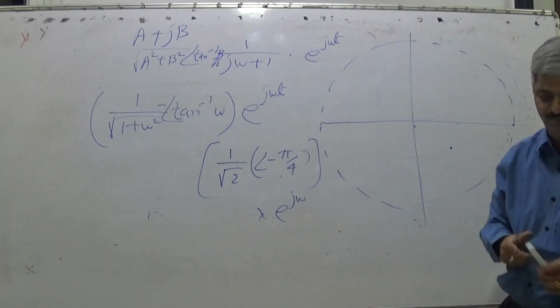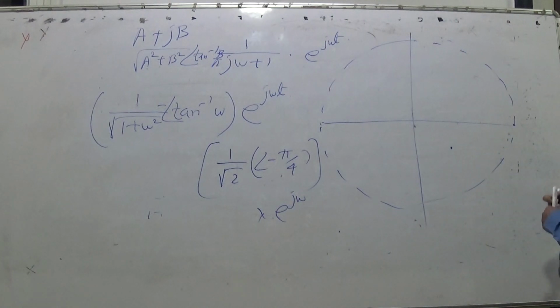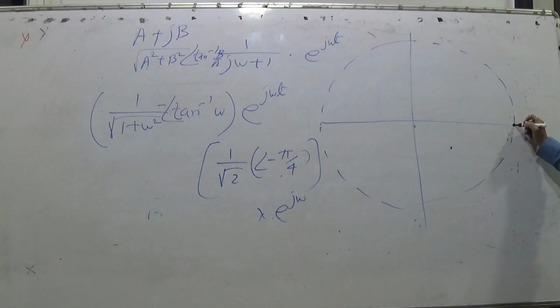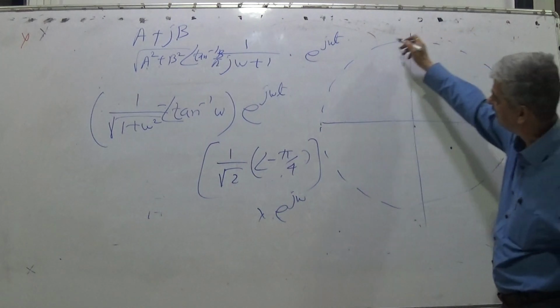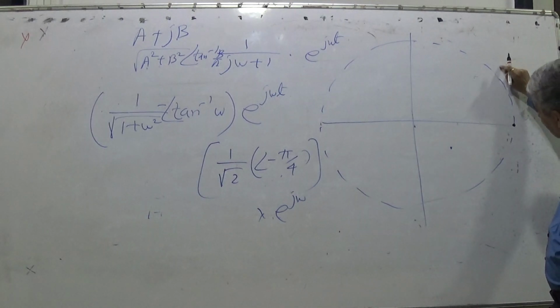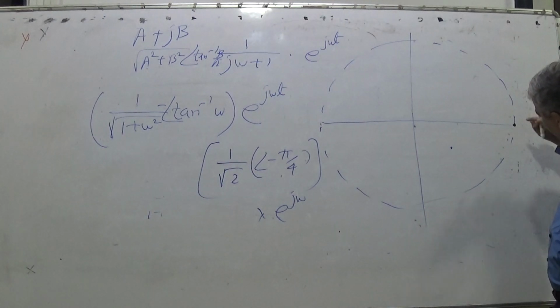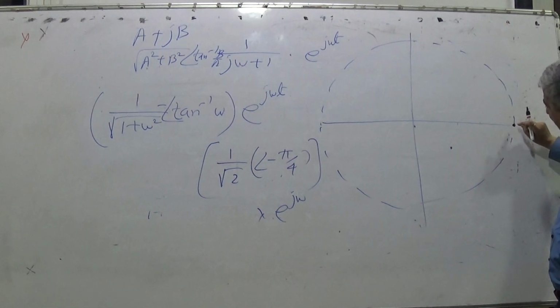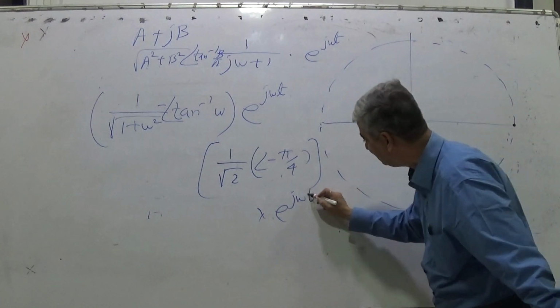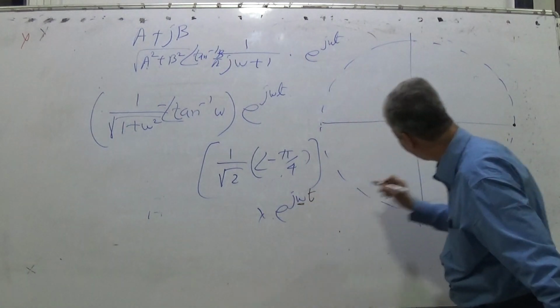So if the input is a rotating point on a unit circle with an angular speed of omega, and is at 1, 0 on the x-axis at t equal to 0, then the output is also a rotating point at an angular speed omega.